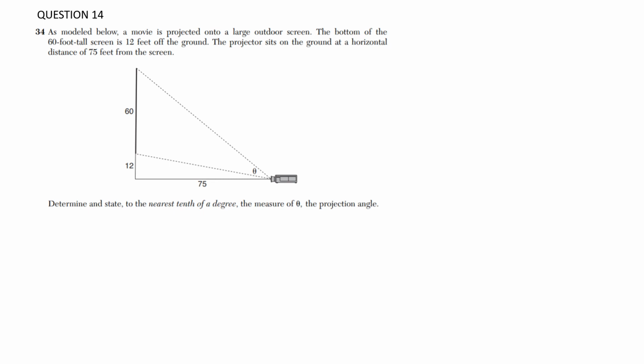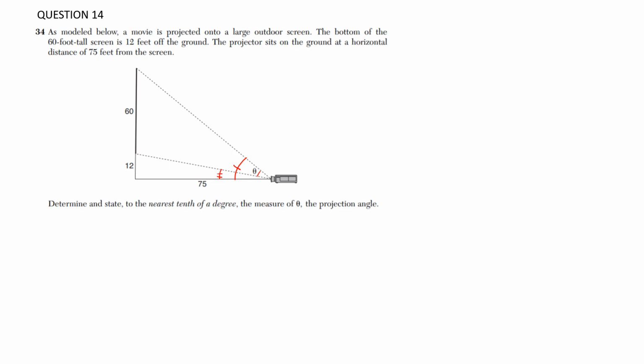All right, so the way we find this angle, theta, is to first find this larger angle of this triangle, and then I guess subtract from it this smaller triangle's angle, right? So let's do that.